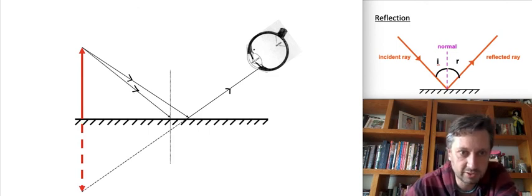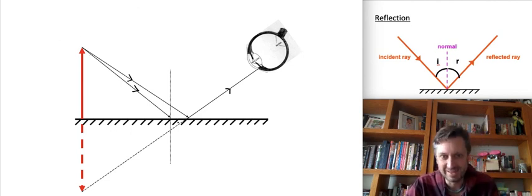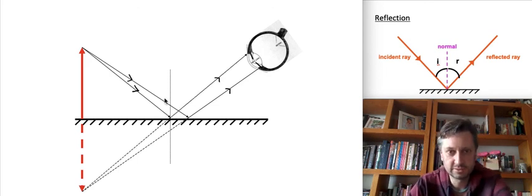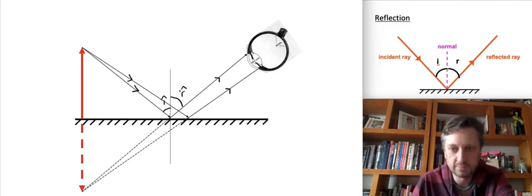We'll draw a second ray of light, slightly different angle, coming away from the object in all different directions. This one is hitting the mirror at a different normal line, different position on the mirror. The first one hits here, the second one hits here. It's going to reflect to the eye. Again, in this case, here is your angle of incidence, and here's your angle of reflection.